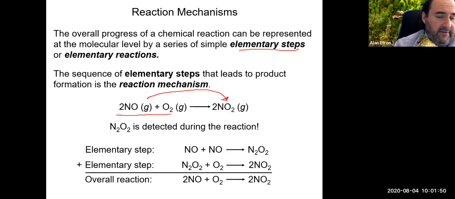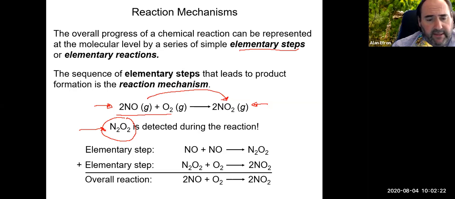during that process, we actually see the formation of N2O2. So that dinitrogen dioxide there is formed in the process of this and is detected. But when we look at the overall reaction there, we see no N2O2 present anywhere in this overall reaction. So this is the overall reaction of the formation of NO2, and nowhere in it do we see this guy there.